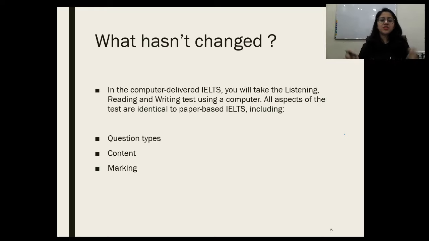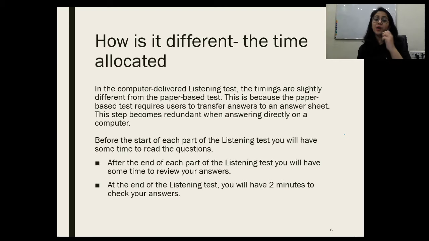What hasn't changed? Like mentioned earlier, all aspects of the examination are identical to paper-based IELTS, including question types, content, and marking. So these things haven't changed at all. Now, how is it different, the time allocated? This is something that you really need to be aware of.